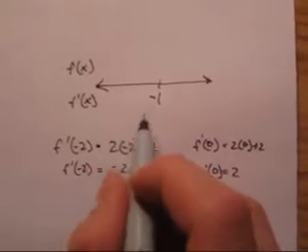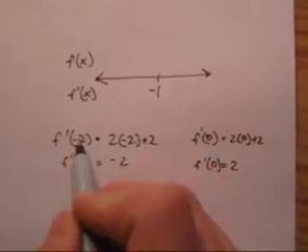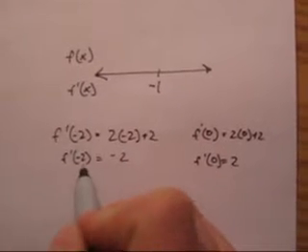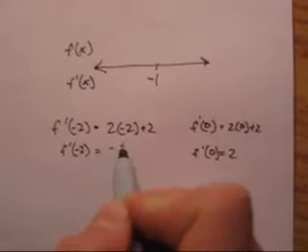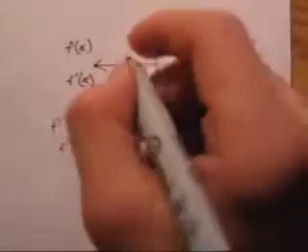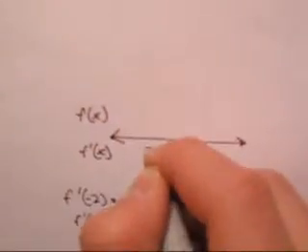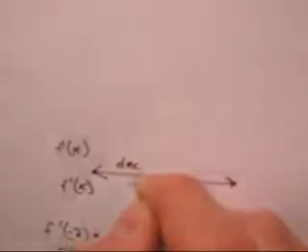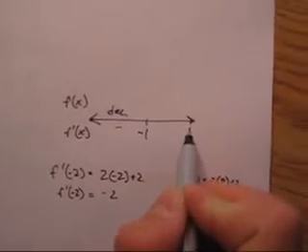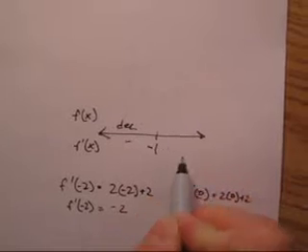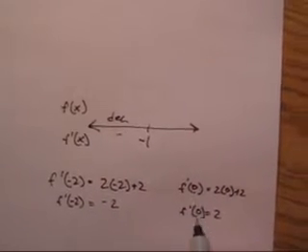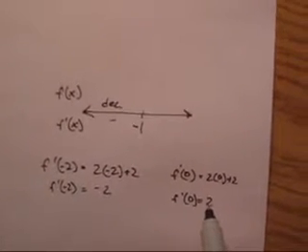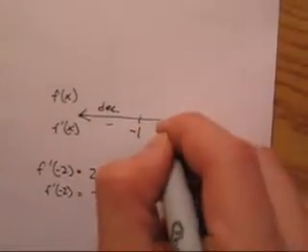So when you have a number that's less than -1, for this example I use -2, in the prime function you get -2. So this is decreasing. And I'm also going to use a number that's greater than -1, and I use 0. When it's plugged in, you get 2, which means it's increasing.